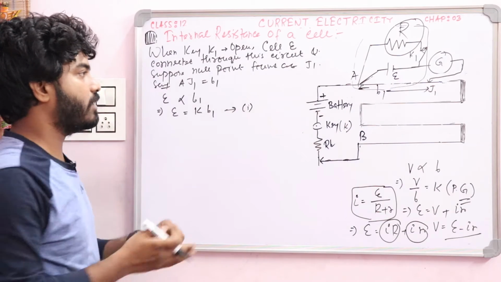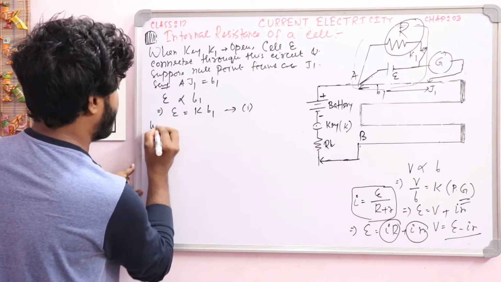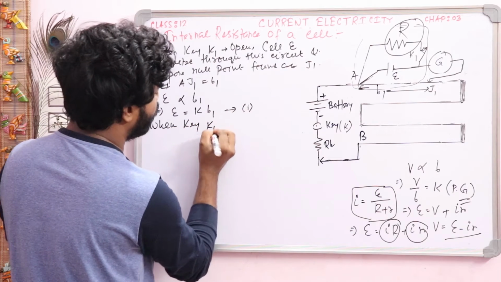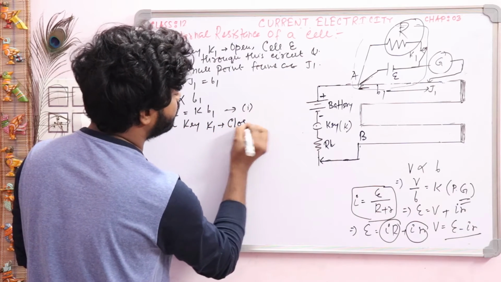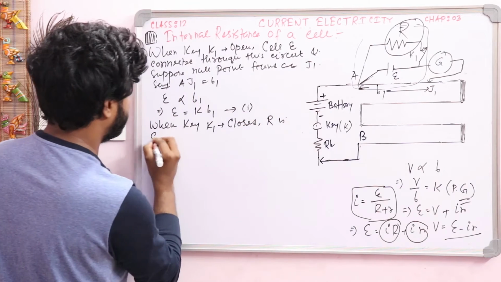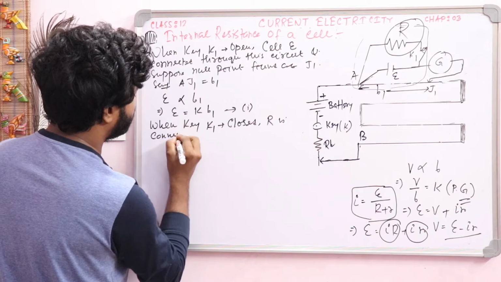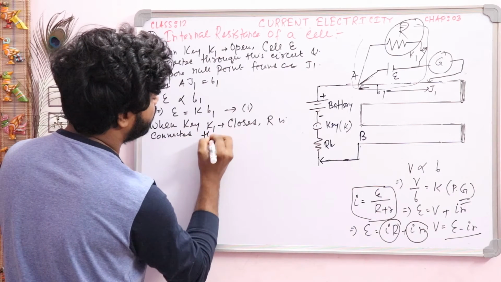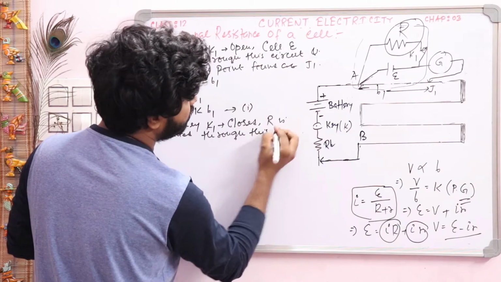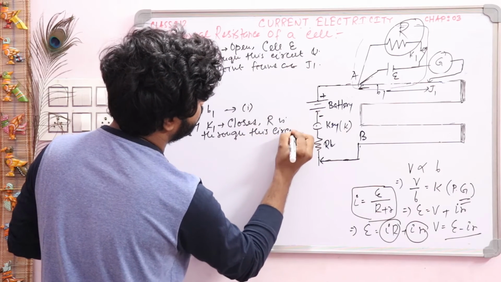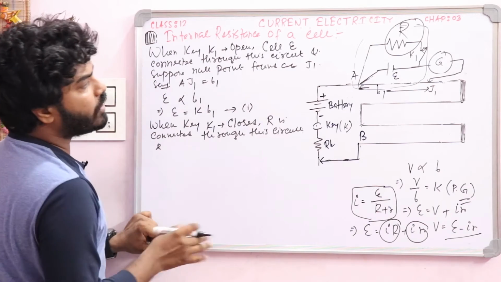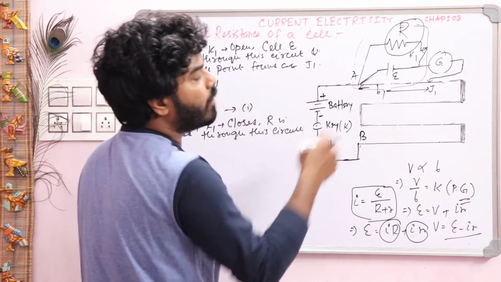So for the second case, write it down: when key K1 is closed, resistance R is connected through this circuit, and in the same method you find the null point.